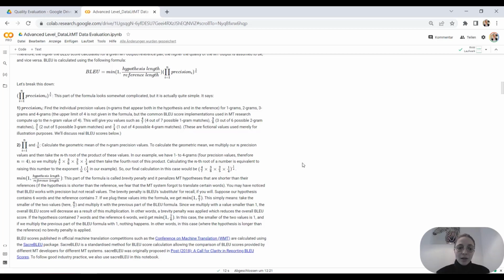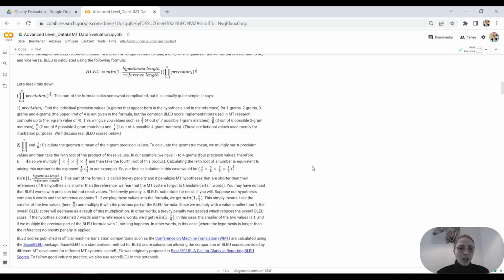So maybe the machine translation system forgot to translate certain words. So for BLEU score, we do not want the hypothesis to be shorter than the reference. Otherwise, it gets penalized. If it is of equal length or if it is longer than the reference sentence, then it is not penalized. So this is what the brevity penalty calculates here and checks whether the sentence will be penalized or not.